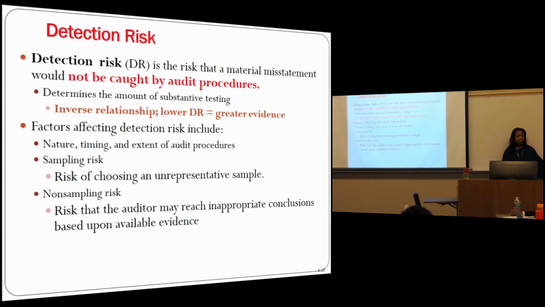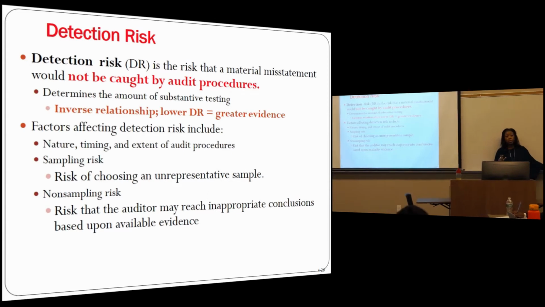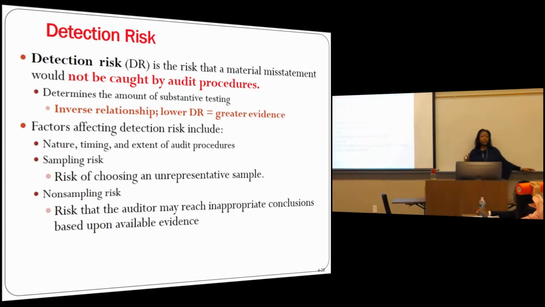So that doesn't mean you won't audit that account. It just means that you might use different procedures. So with detection risk, that's going to drive the nature, timing, and extent of your audit procedures. So in that situation, you're saying I have low risk of material misstatement because my controls are effective and there's low inherent risk. Right?